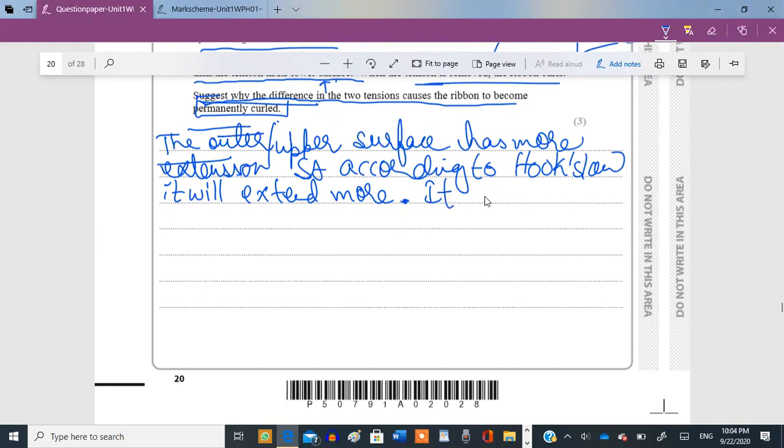More as compared to the inner surface. Okay, it will undergo plastic deformation. The surface which was extended more, there's a high chance that it will undergo plastic deformation.